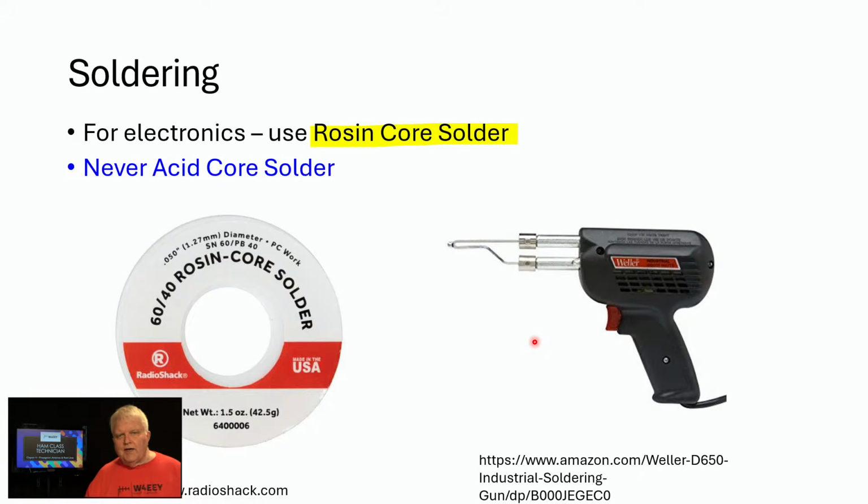If you're going to be putting a connector on or doing any work in electronics, never use acid core solder. It's kind of hard to find anymore, but it was a solder that was used for plumbing. For electronics, we want rosin core solder. Because that has a built-in flux material, the rosin, that will help the lead and the tin, which you're heating up and melting, to flow and get a good solid connection.